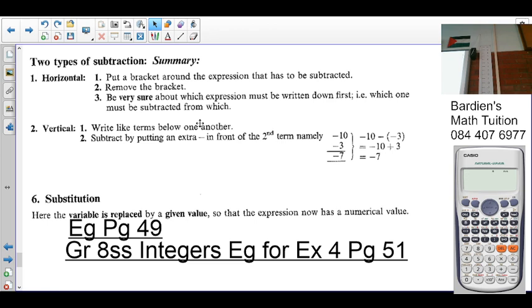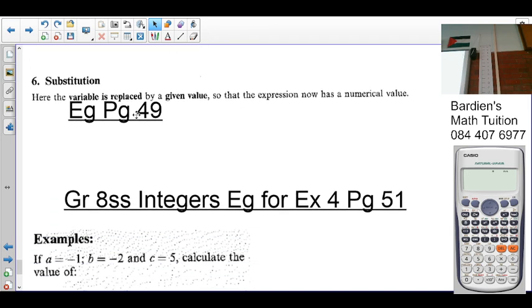Be very sure about which expressions must be written down first, which one must be subtracted from which. Vertical, write like terms below one another. Subtract by putting an extra negative in front of the second term, namely negative 10 minus 3, which becomes negative 10 plus 3, which is negative 7.